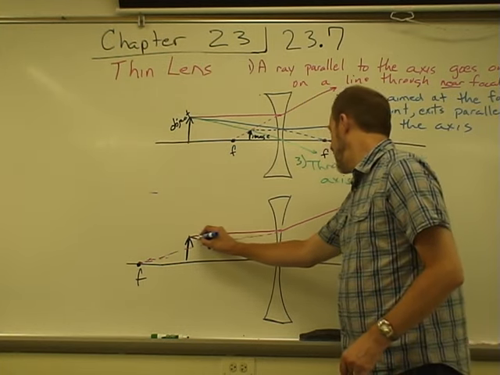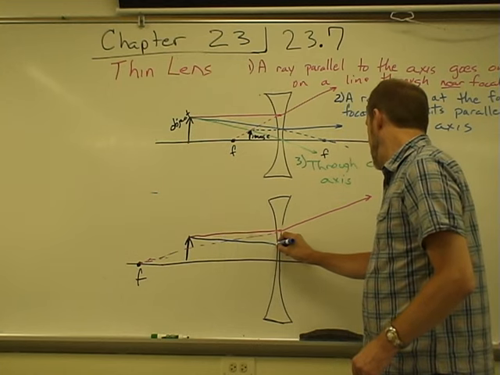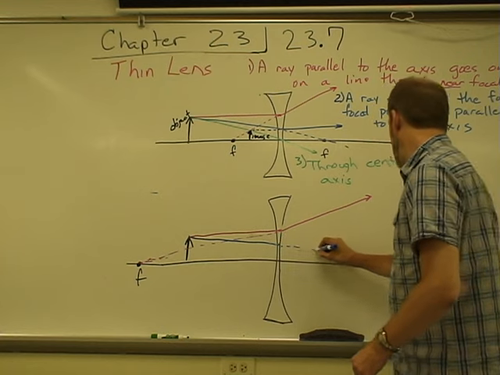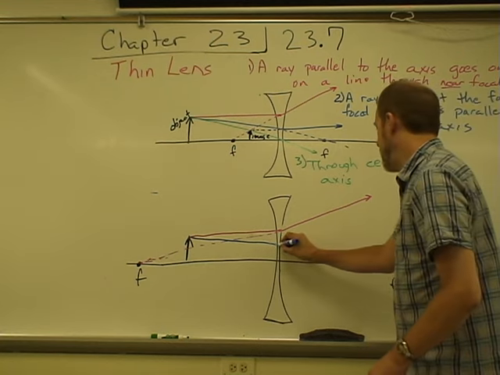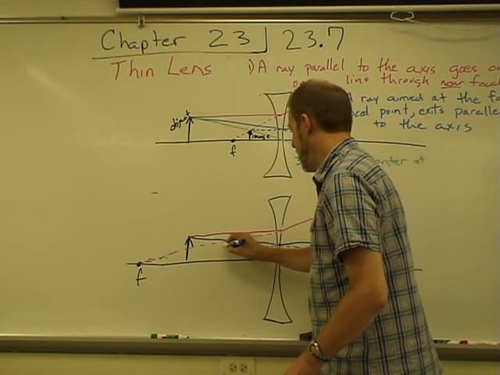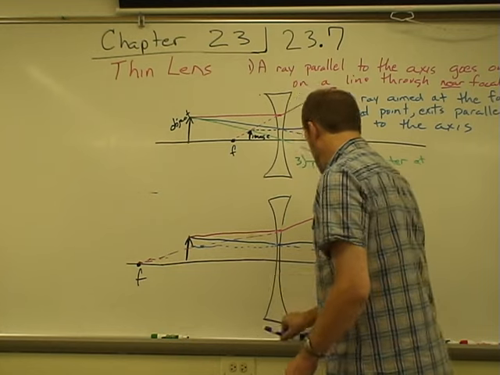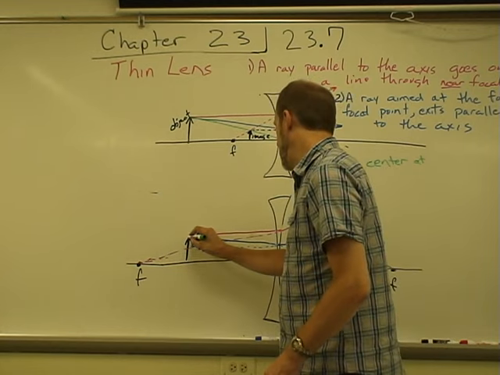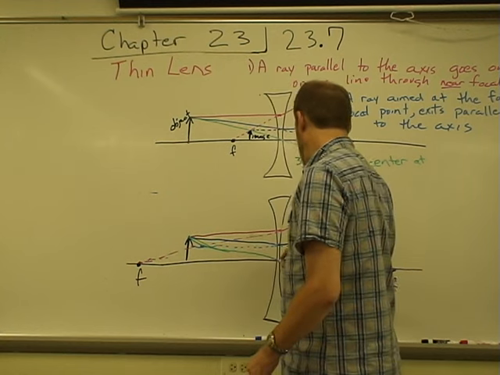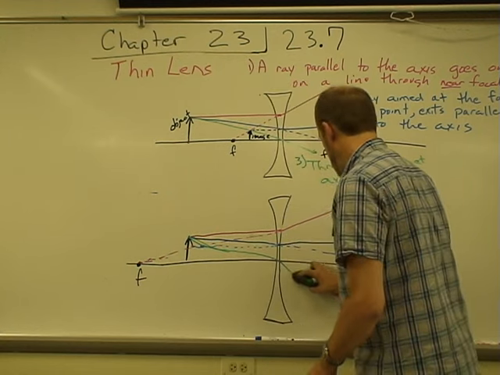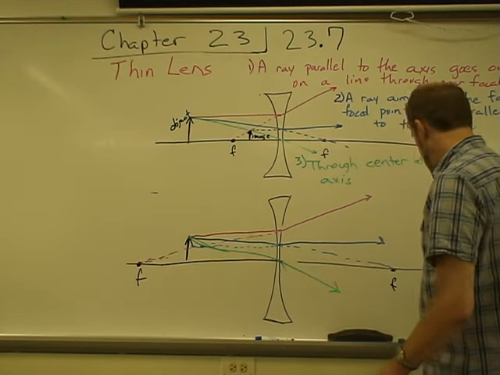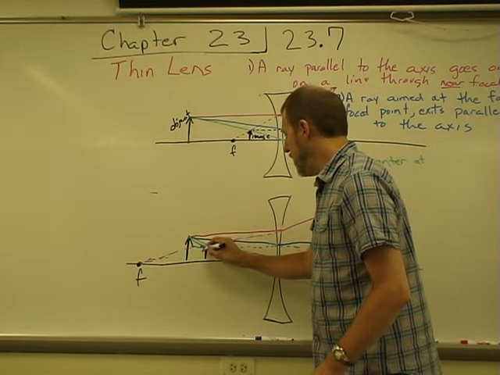A second ray of light aimed at the second focal length comes out parallel. And then the ray through the center, it's undeflected.